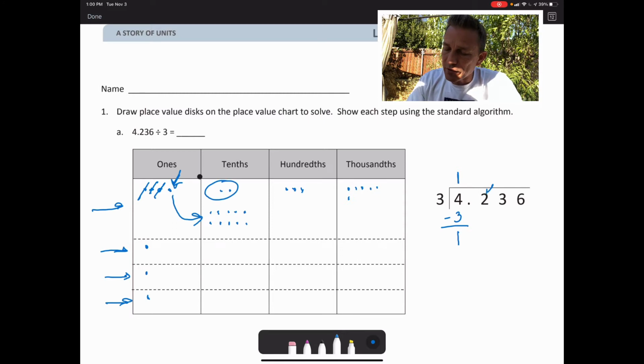That's right here. But now that I've converted these ones into 10 tenths, I'm going to bring this 2 down and put it next to my 1. And you can see now I have a total of 12 tenths.